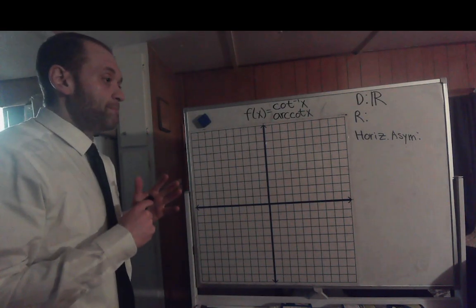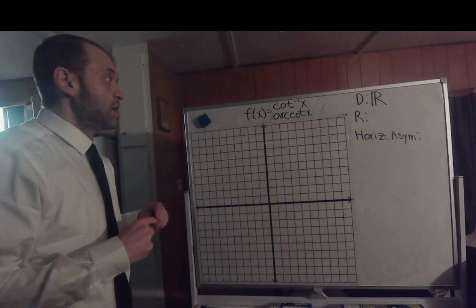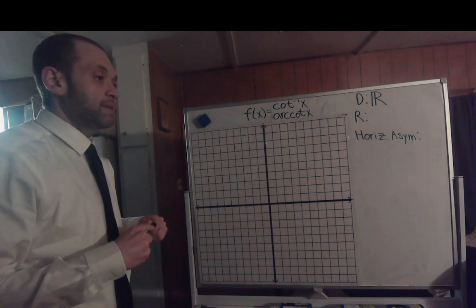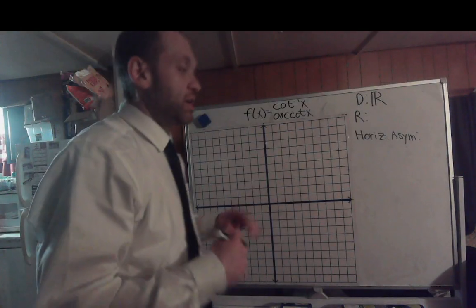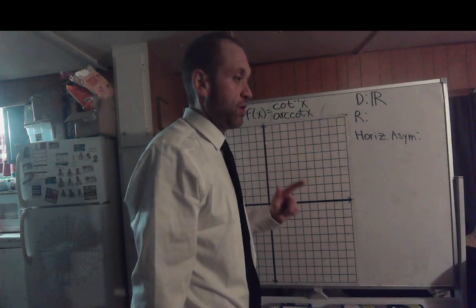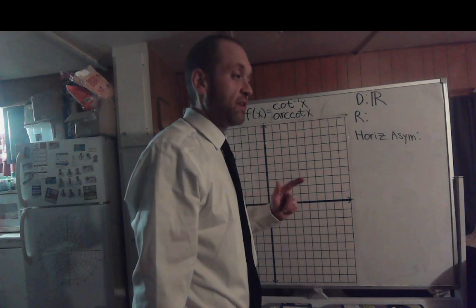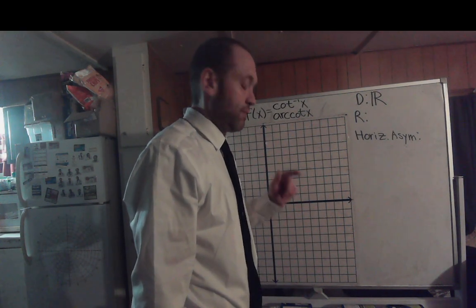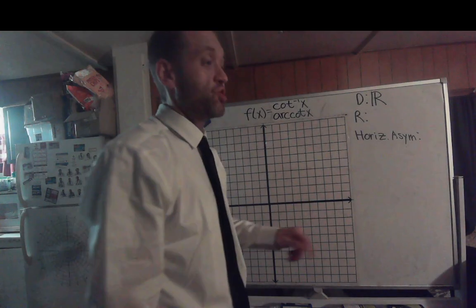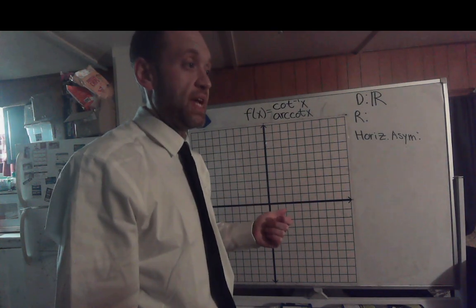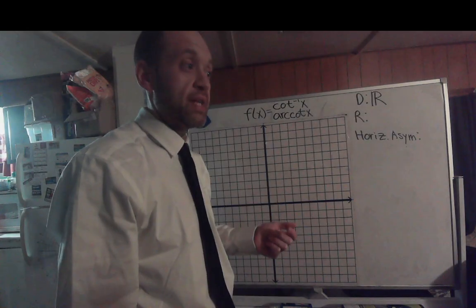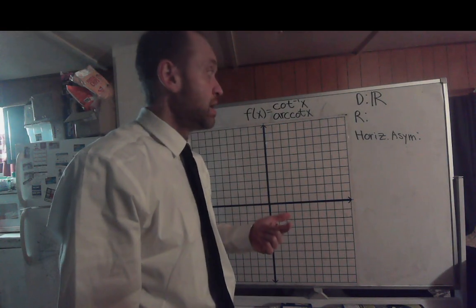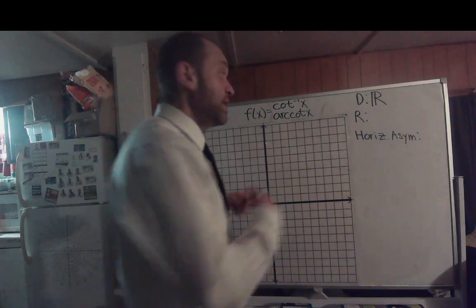If we go to 0, we have definitely a vertical asymptote for the original cotangent function. You have vertical asymptotes at integer multiples of pi, such as 0 and pi. Well, guess what? That just became your range.